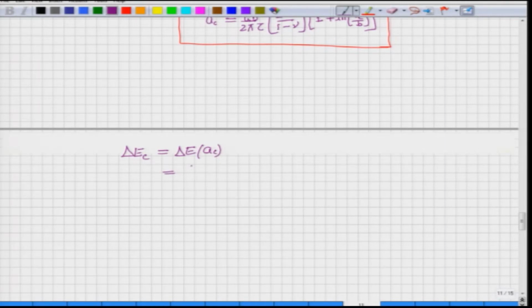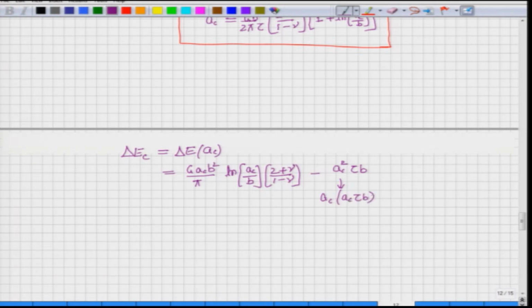So, this is the equation we had. If you put it like this, now here the trick that we will apply is that we will put this A square tau B as AC into AC tau B. Why have we done this?